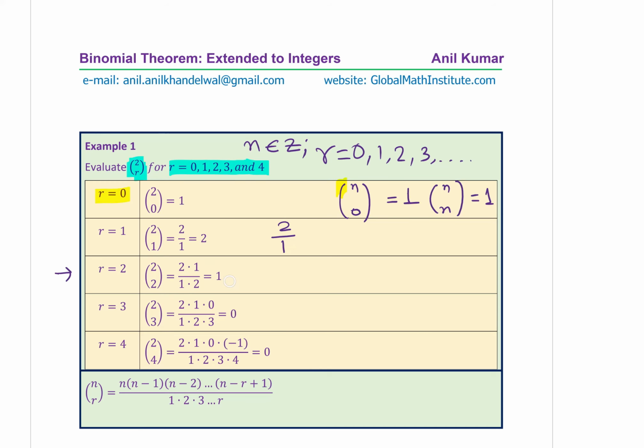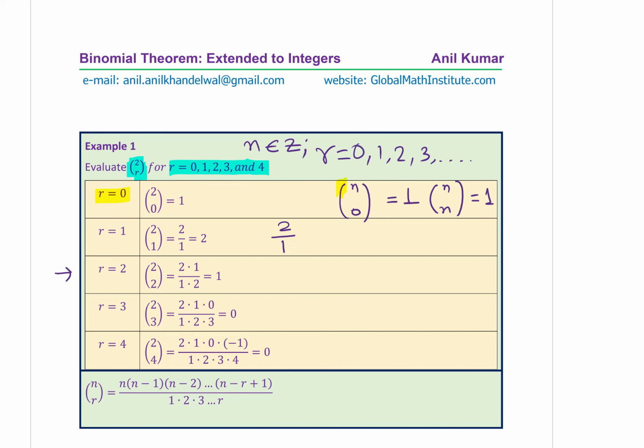And that calculates to 1. But when we have r equals 3, in that case, what do we get? Well, in that case, we have decreasing numbers, consecutive numbers from 2: 2, 1, 0. 0 gets multiplied there in the numerator. Denominator is 1, 2, 3. And so the result will be 0.